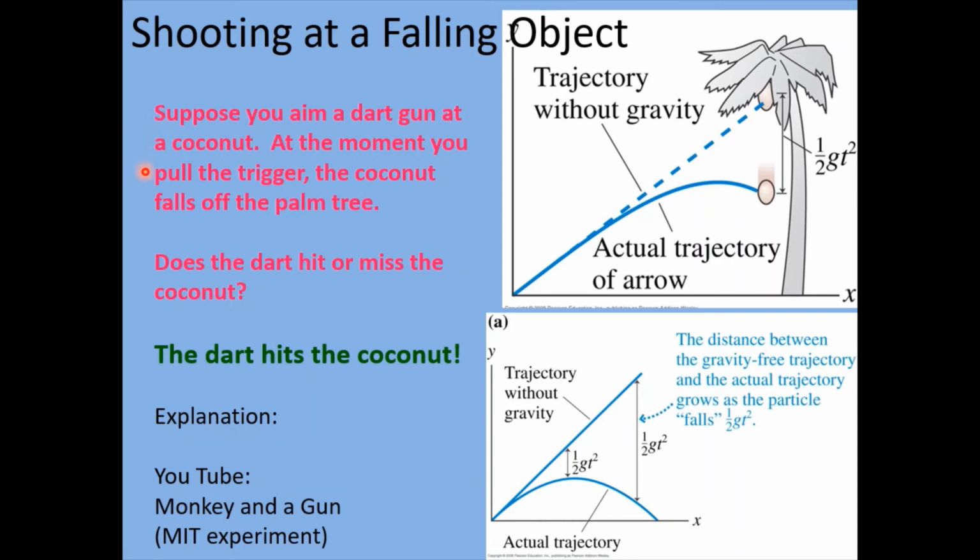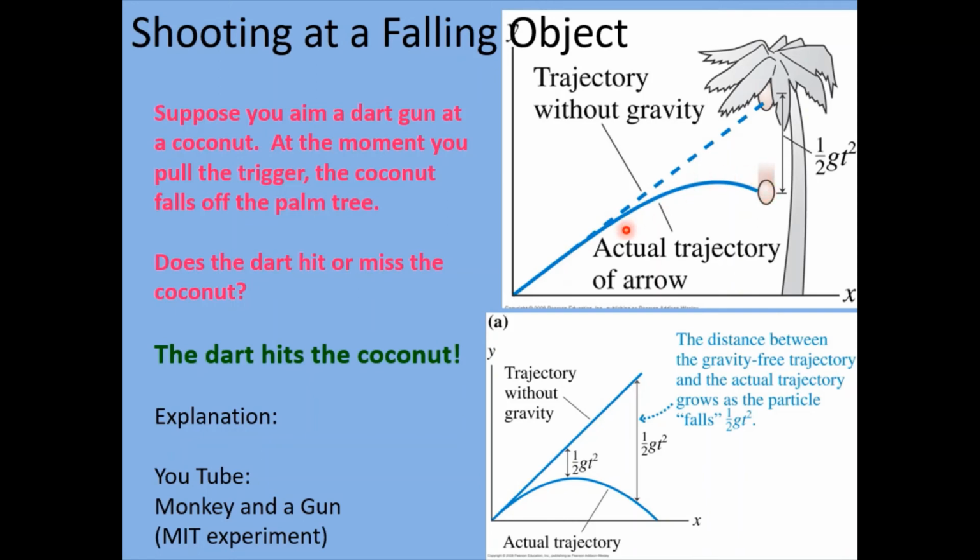At the moment you pull the trigger, the coconut falls off the palm tree just by chance. So you're down here, you're sighting this coconut up here, but as soon as you shoot the gun, the coconut happens to fall and starts to drop. Well, what happens? The dart or the projectile actually strikes the coconut, exactly.